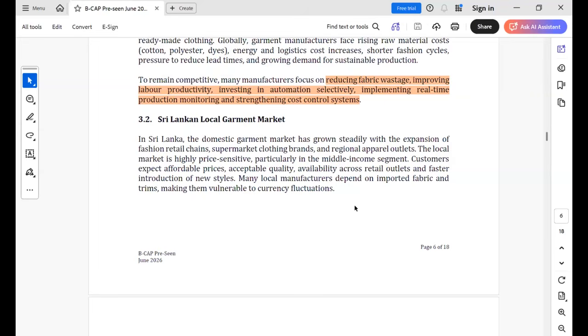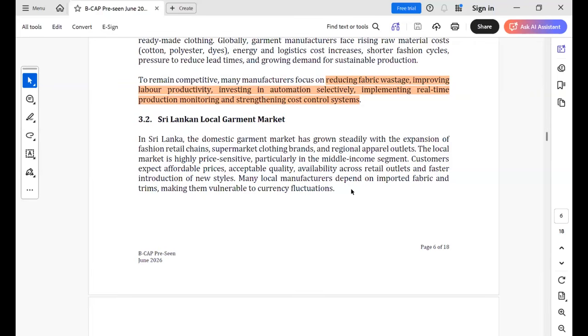What we bought one month ago, we never buy again unless there is a new style. Many local manufacturers depend on imported fabric and trims, making them vulnerable to currency fluctuations.